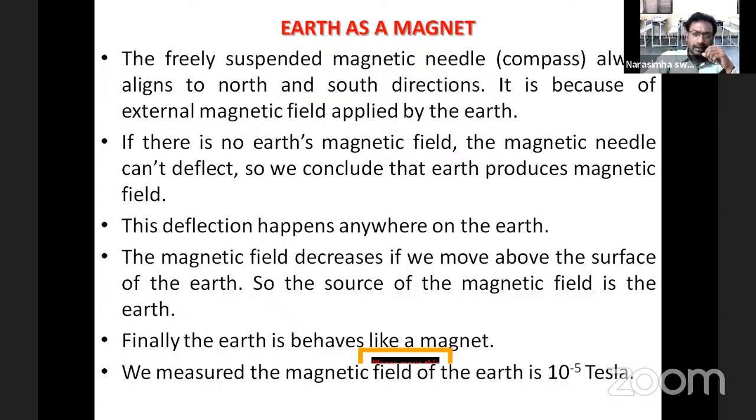And scientists measure the magnetic field of the Earth to be 10 power minus 5 Tesla. So with this we confirmed that the Earth has a magnetic field, and we also measured the value, 10 power minus 5 Tesla.